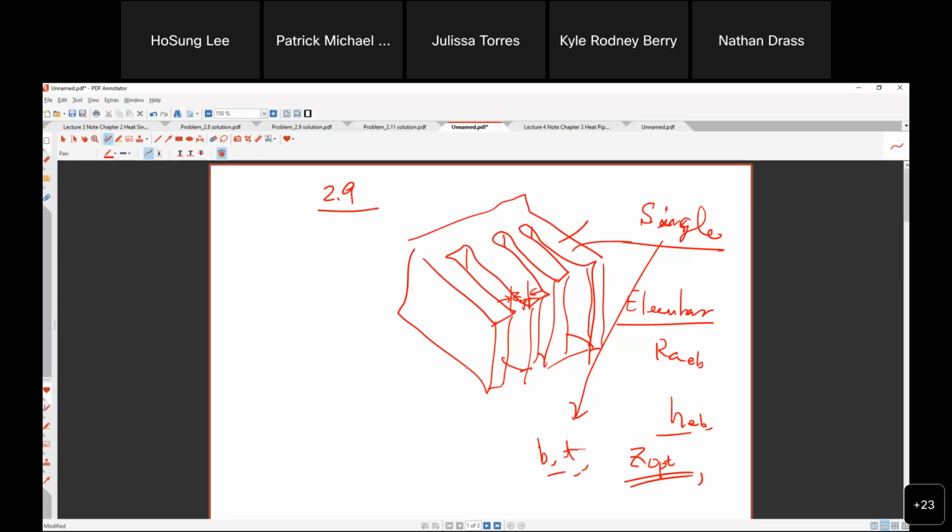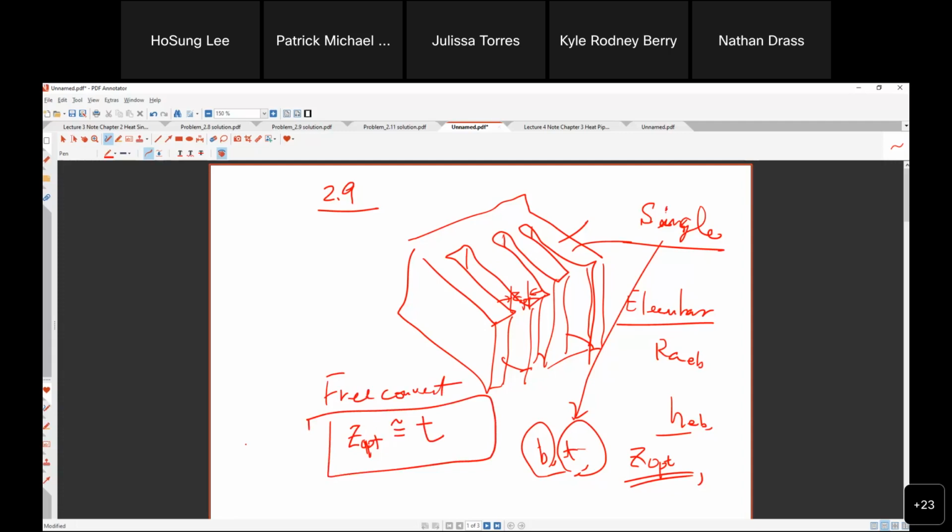According to the theory, free convection only, multiple fin, the optimum spacing is actually for maximum heat transfer.